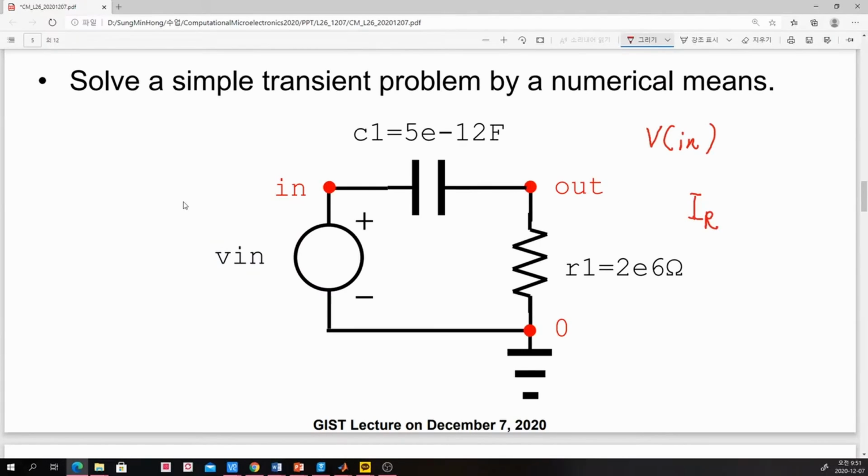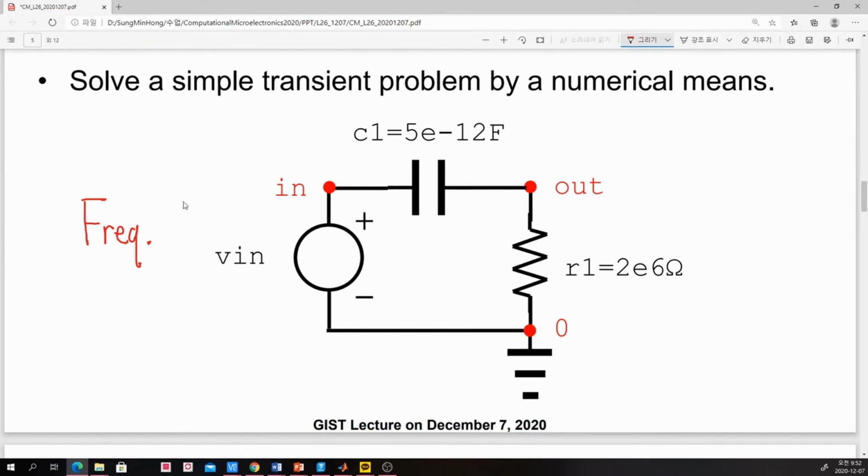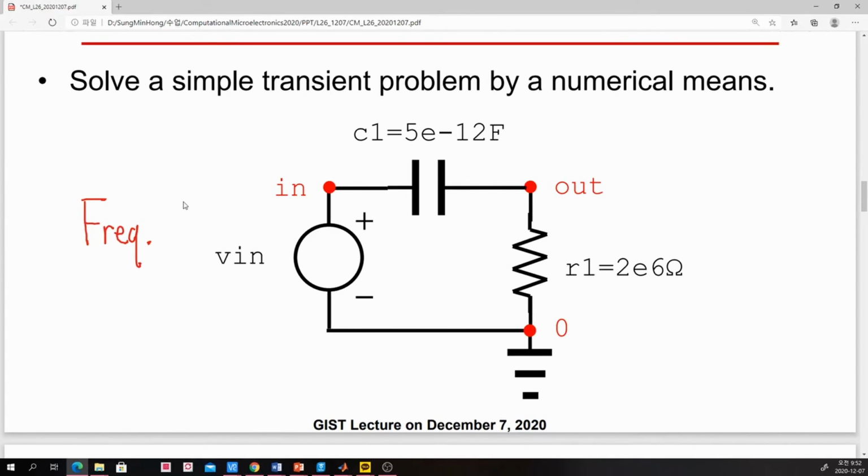So then what will happen? Think about this. If your frequency is quite high, then what will happen? In this case, this capacitor will have quite a small impedance.